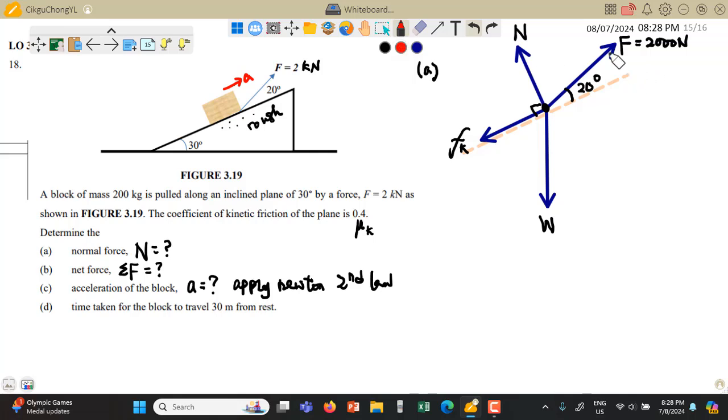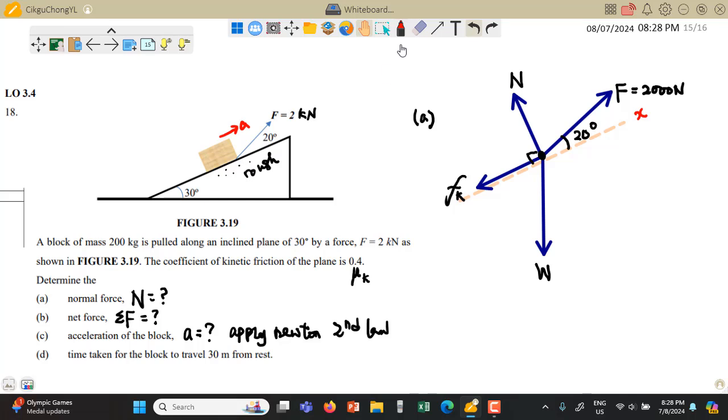Along the inclined plane is our x-axis, and perpendicular to the inclined plane is our y-axis. After we identify our axes, obviously our normal force lies along the y-axis, friction lies along the x-axis, but F is at an angle of 20 degrees, so we can resolve it.